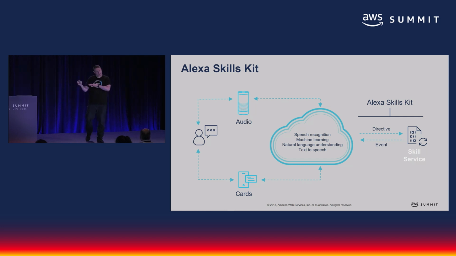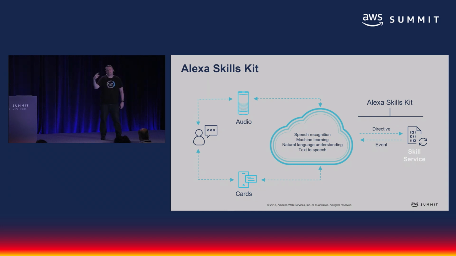From the Alexa Skills Kit side, there are really two concepts we have to talk about today. One of them is directives. You do not really have a direct connection to Alexa. Alexa will send you a directive based on what she heard through the device to your account.